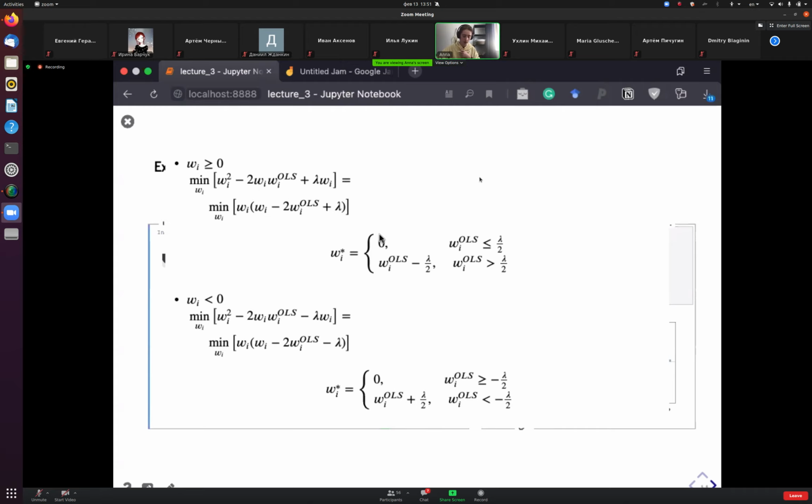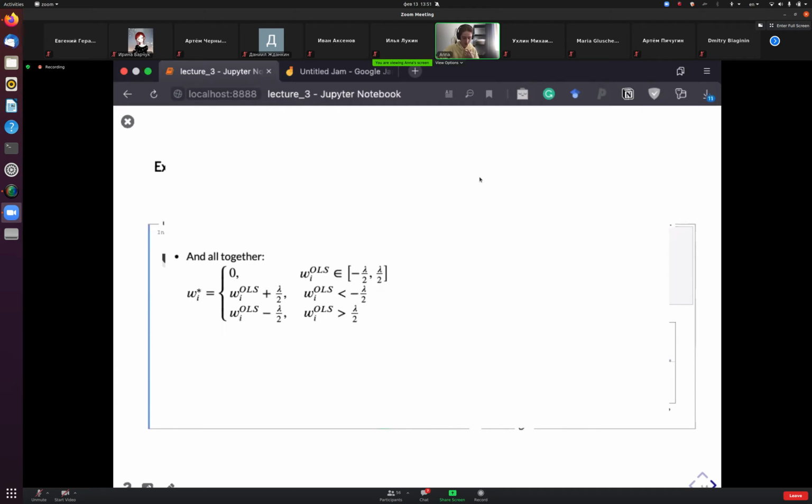The weight will be 0 if the OLS solution was smaller than lambda divided by 2, and it will be equal to OLS minus lambda divided by 2 if it was larger than lambda divided by 2. And the solution for the negative one looks super similar. But let us see how that combines together and what it gives us as a final solution.